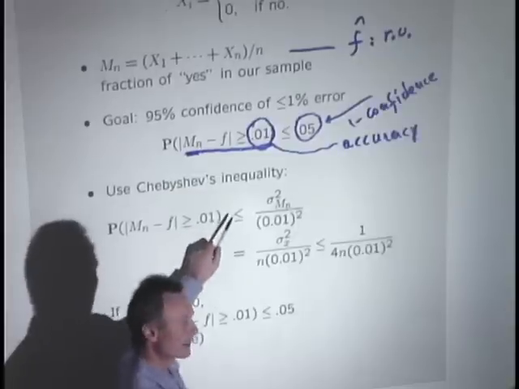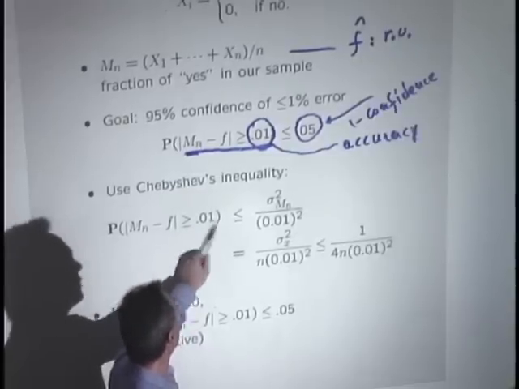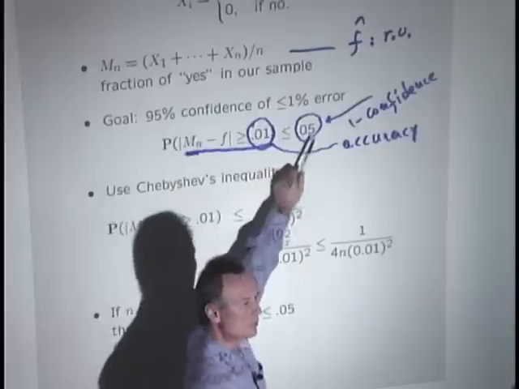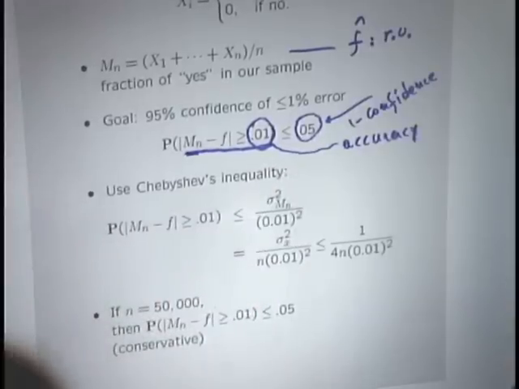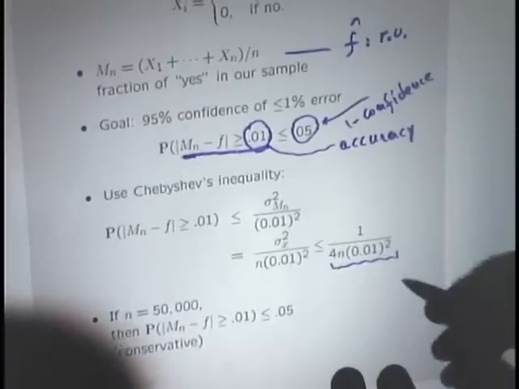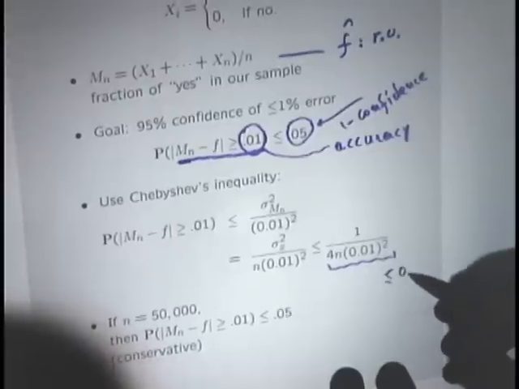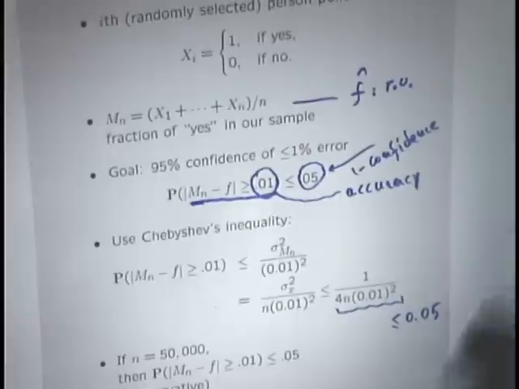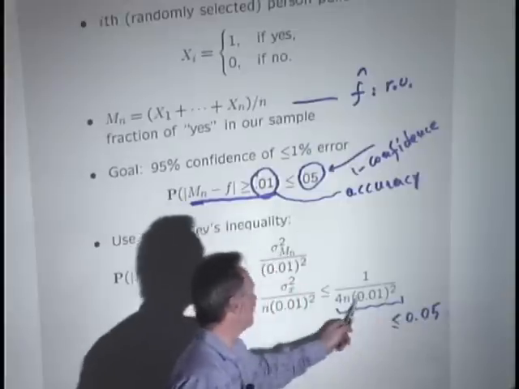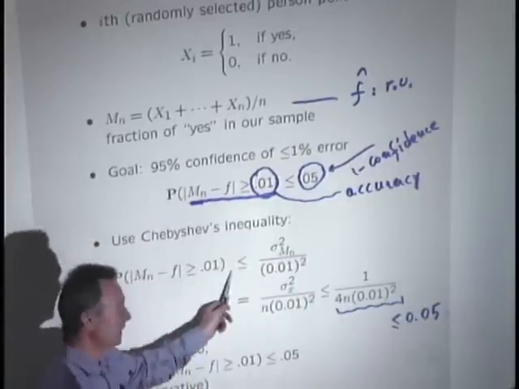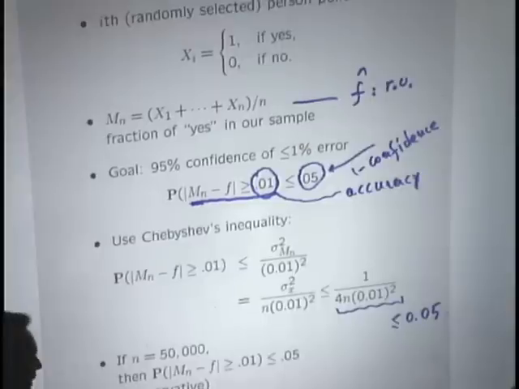I've got my specs, and my specs tell me that I want this number to be less than 0.05. And given what I know, the best thing I can do is to say, okay, I'm going to take this number and make it less than 0.05. If I choose my n so that this is less than 0.05, then I'm certain that this probability is also less than 0.05.